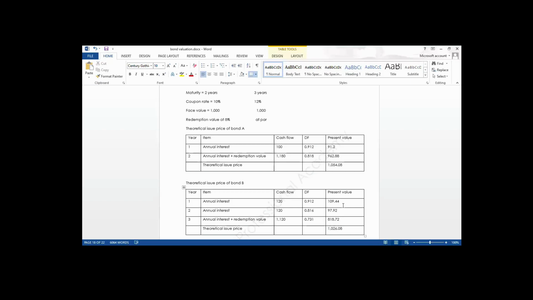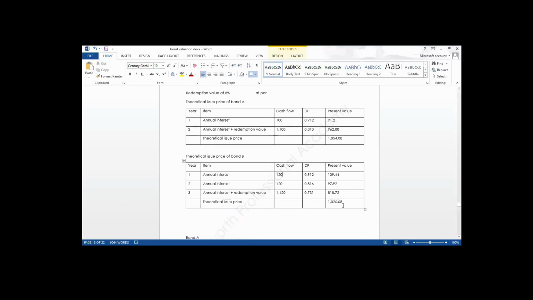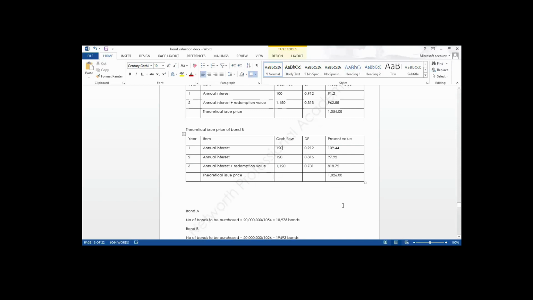Adding these gives 1,026 to the nearest naira.